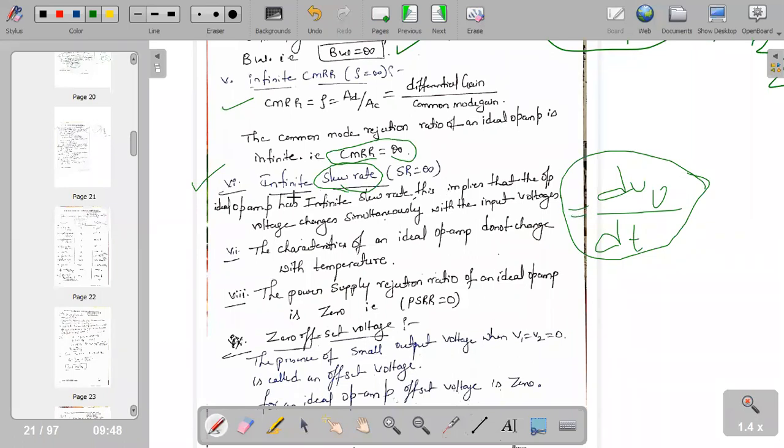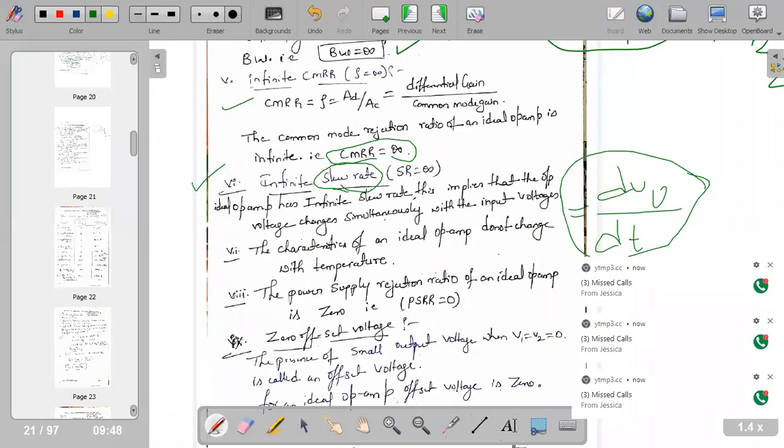Ideally speaking, the op-amp should have an infinite slew rate. There should not be any time taken by the op-amp to react to a sudden change in the input voltage.